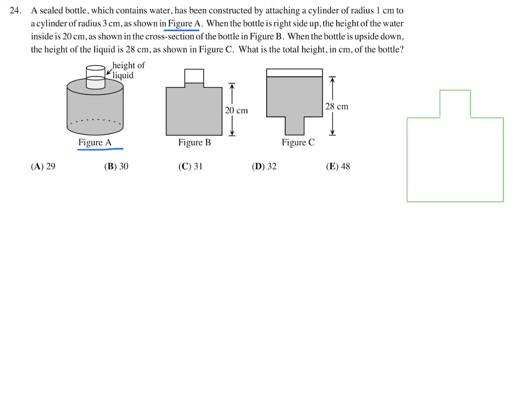This part here, from here to here, I will call big H. And this part from top to bottom, I will call little h. What they want us to figure out is the total height. So they want us to find big H plus little h. That is what they want us to find in the question, and therefore, we can proceed from there.